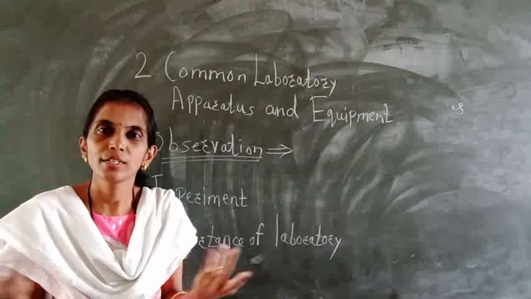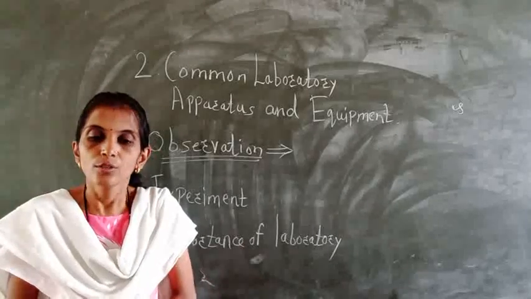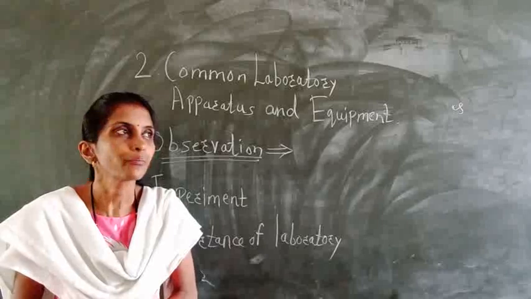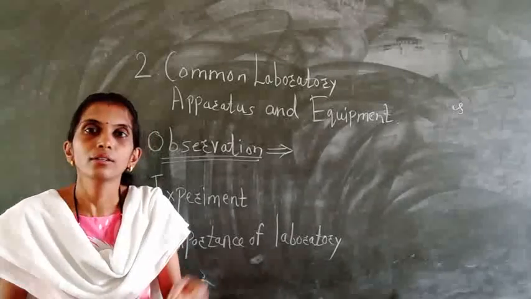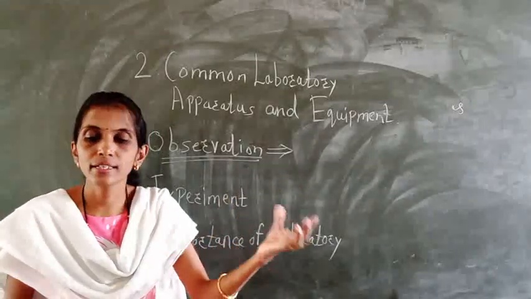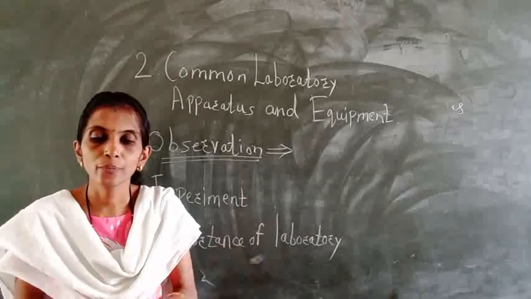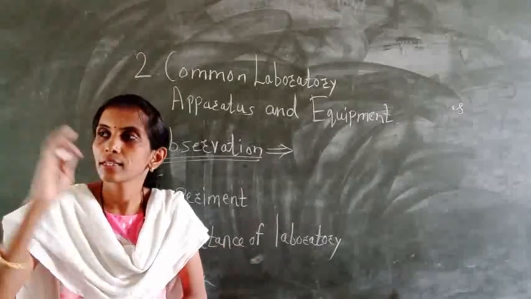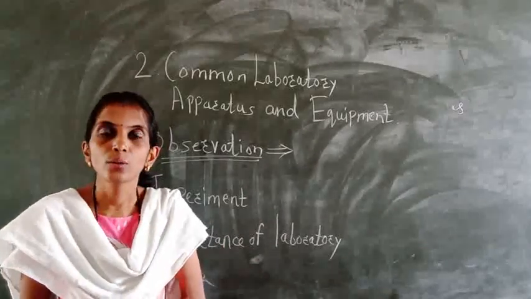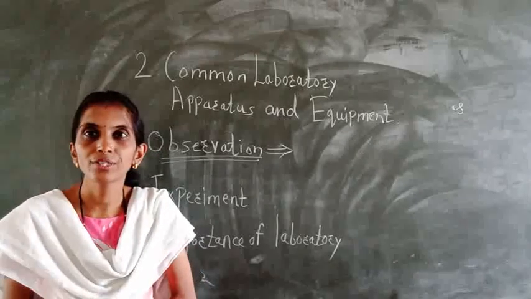So it is one type of observation. When we observe that the sun rises from the east and sets in the west, it is one type of observation.